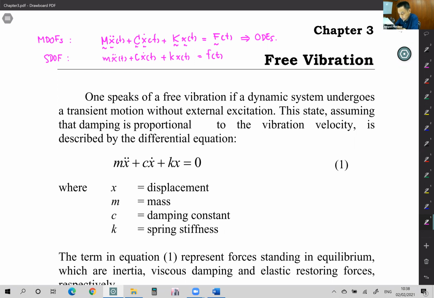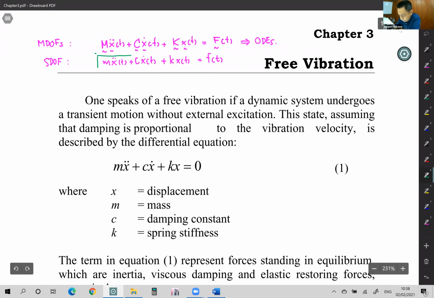It's not a matrix, it's just a scalar. X double dot is also the acceleration, but it's not a vector. It's just one degree of freedom, just a function of time. It contains only one x, unlike the previous matrix system where you have x1, x2, x3. This time you have only one x.